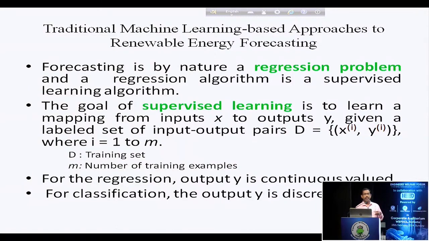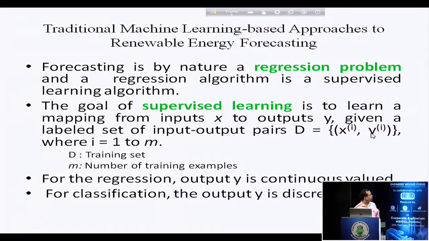In supervised learning, the target is to map between the input and output, and the data should be represented in this format. This is the input and this is the output.